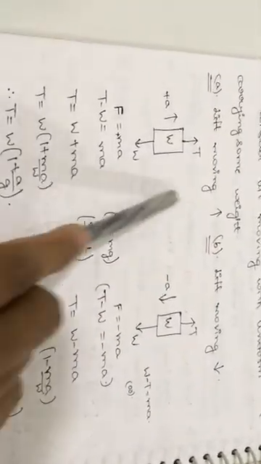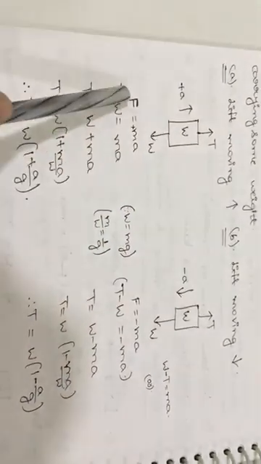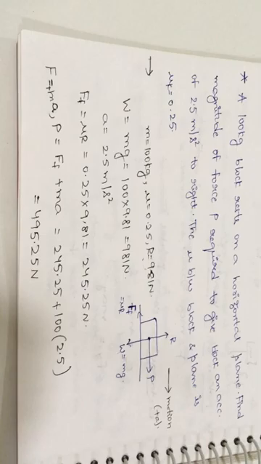In the derivation part, motion is along the vertical direction, so we have considered the vertical forces in place of the F. Here in this problem, motion is along the horizontal direction. So we have to consider the horizontal forces only in place of the F. According to the motion direction, we need to consider the forces.